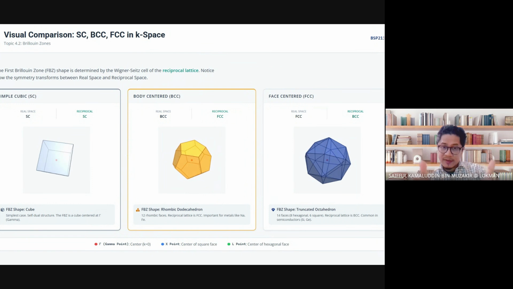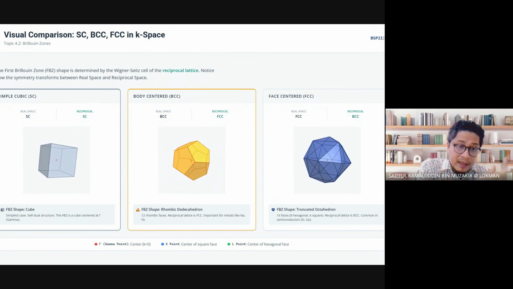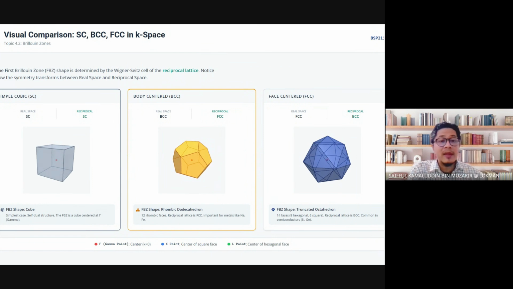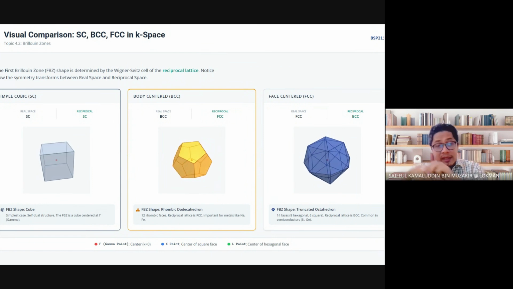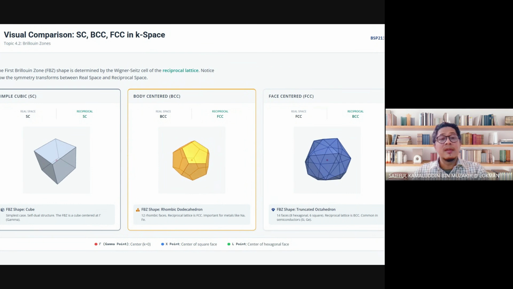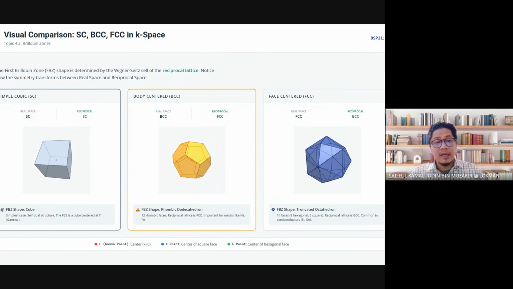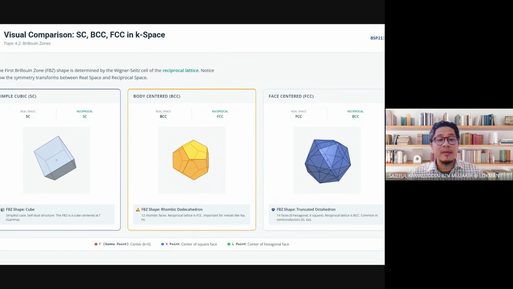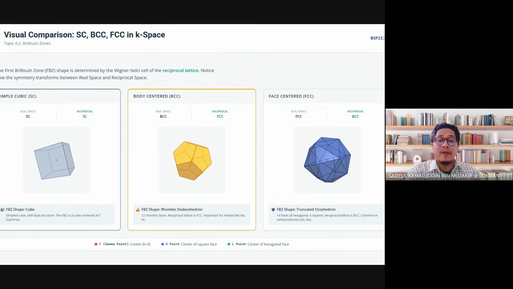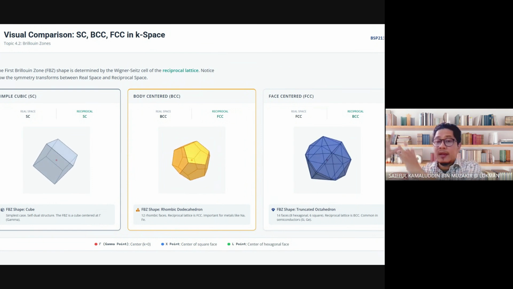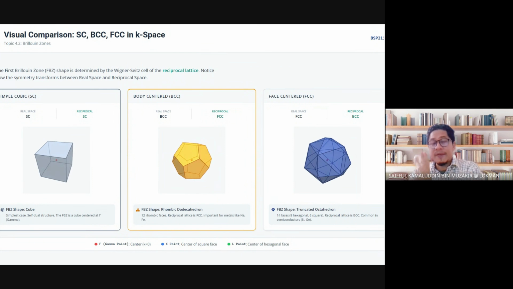And the software shows us that for a simple cubic in reciprocal space, the shape of the first Brillouin zone is still a simple cubic. But for a BCC in reciprocal space, it is an FCC.